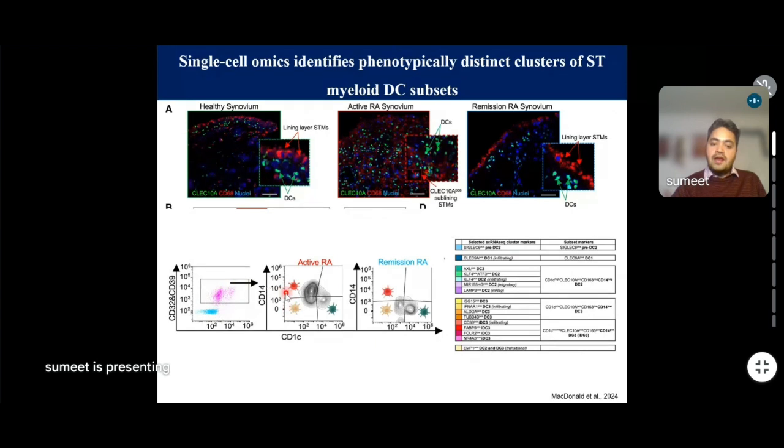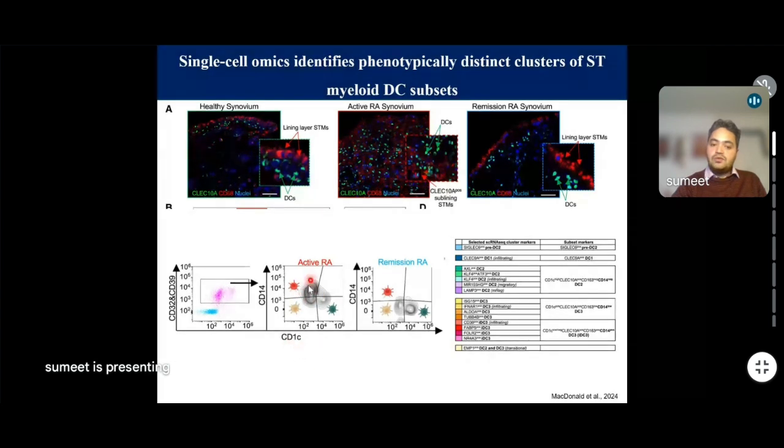What they were able to show beautifully in the FACS experiment is that if you have active RA and you gate on CD1C, which is a dendritic cell marker, you can see the population over here. These are the cells which are CD32, CD39 positive, and these are CD1C positive cells.